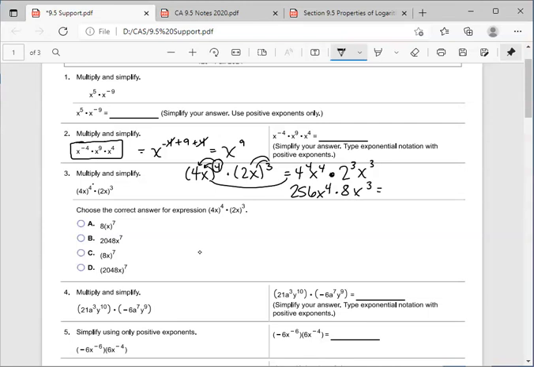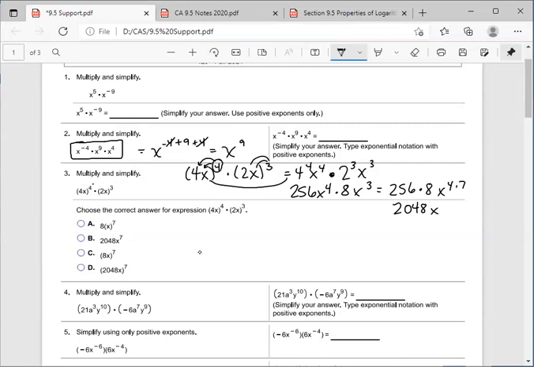So for our final answer, you would multiply the 256 times the 8, but then on your exponent, the x or the variable, since they're both just x's, you're going to add those exponents. So you're going to get 256 times 8, which is 2048.